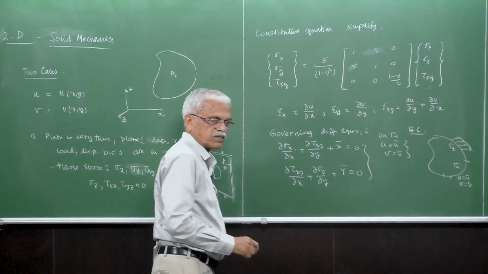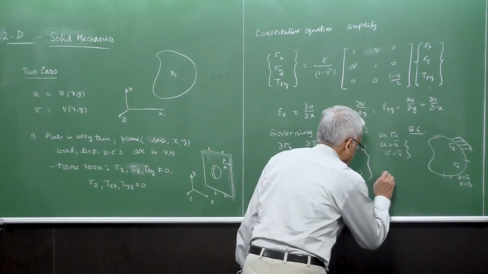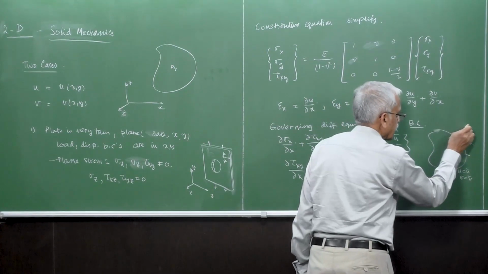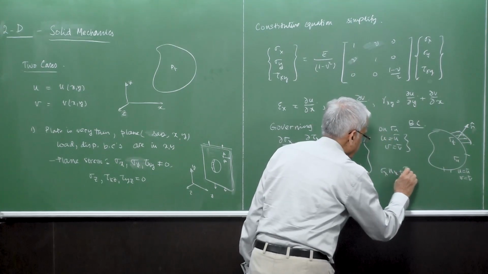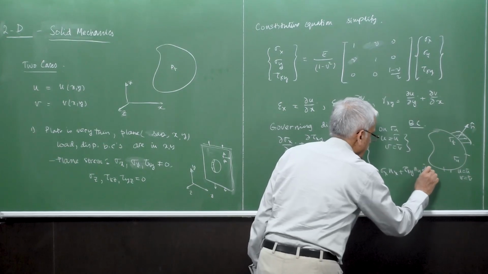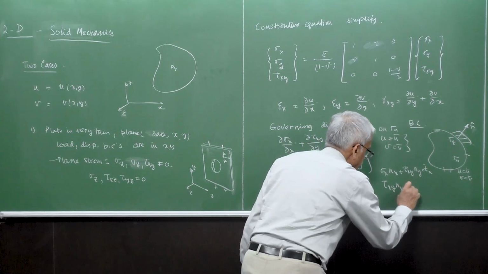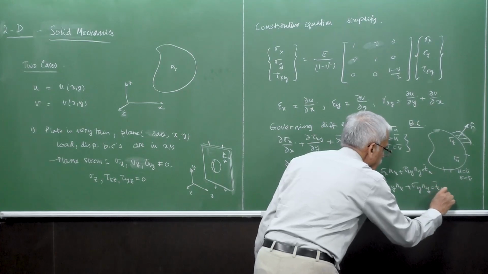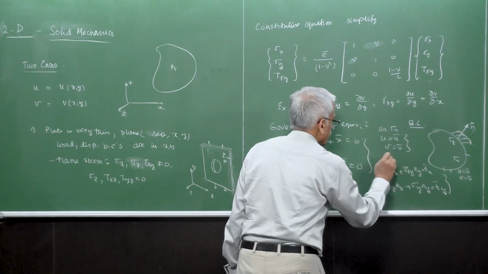So here these equations are also slightly simplified. So we have sigma x and n_x, and tau xy and n_x, sigma y and n_y. So these are the traction boundary conditions.